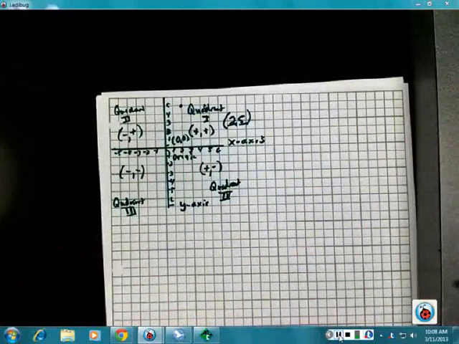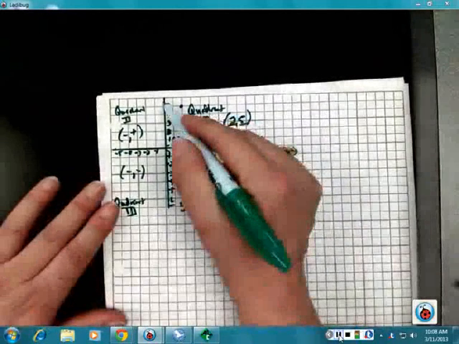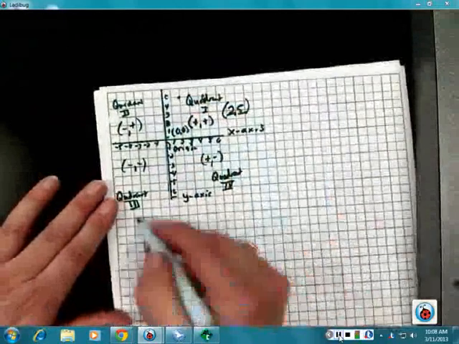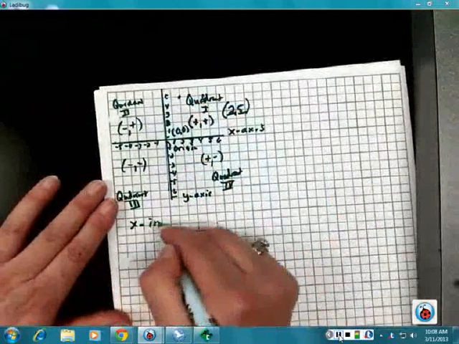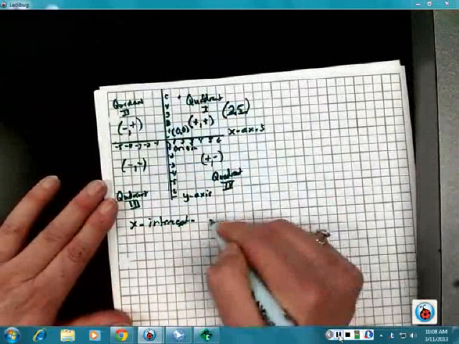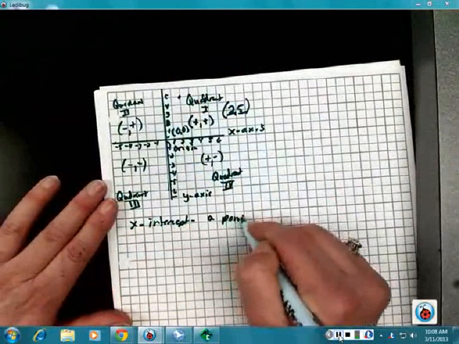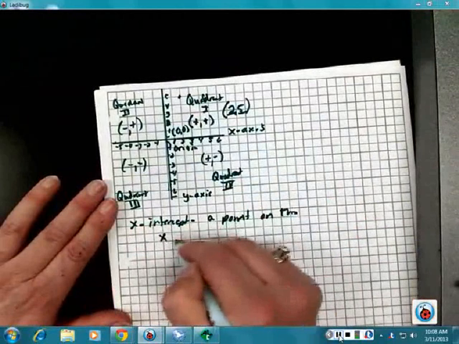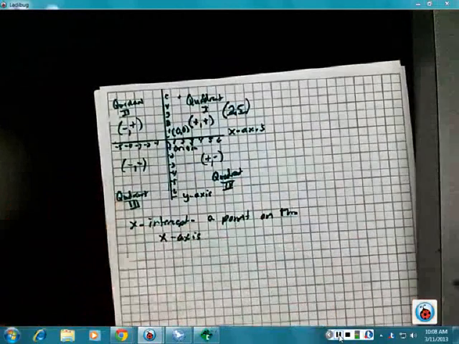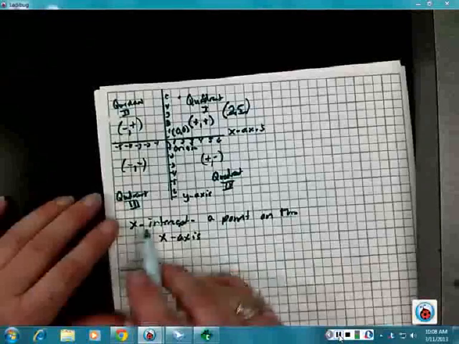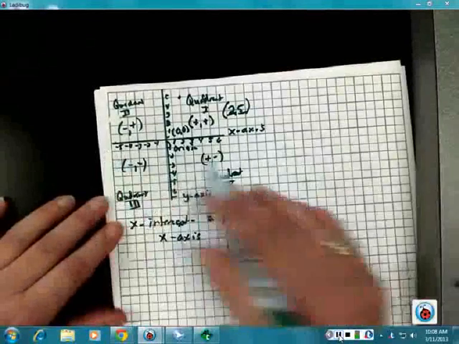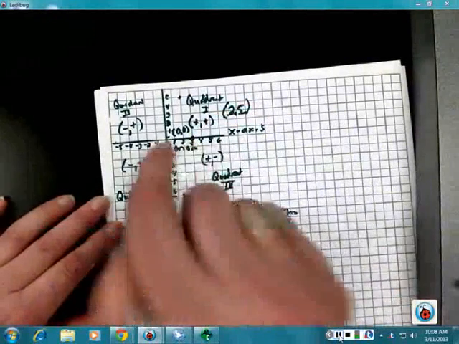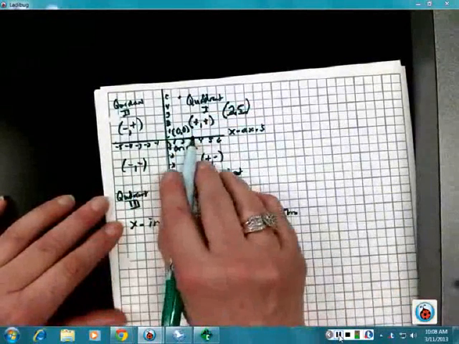Now, if you have a point that sits on an axis, if you have an x-intercept, that is a point on the x-axis. So it's going to sit right on the x-axis. And how would I find it? Well, if I said I had an x-intercept and it's set right here at 3, what does that tell me about that x-intercept?